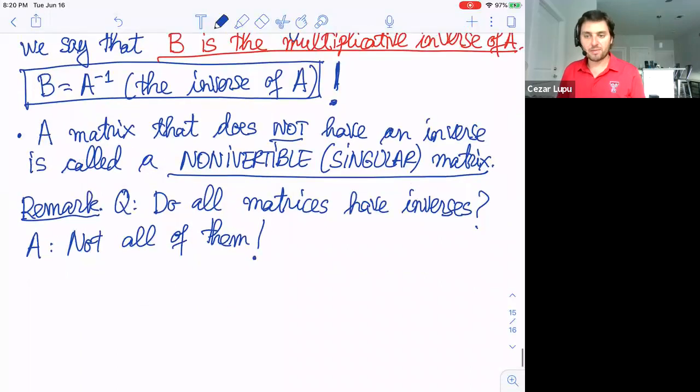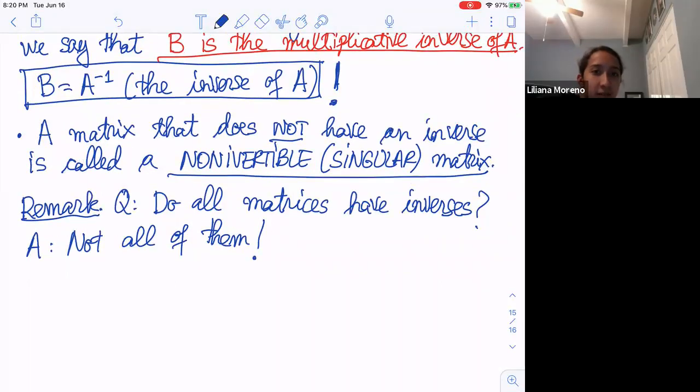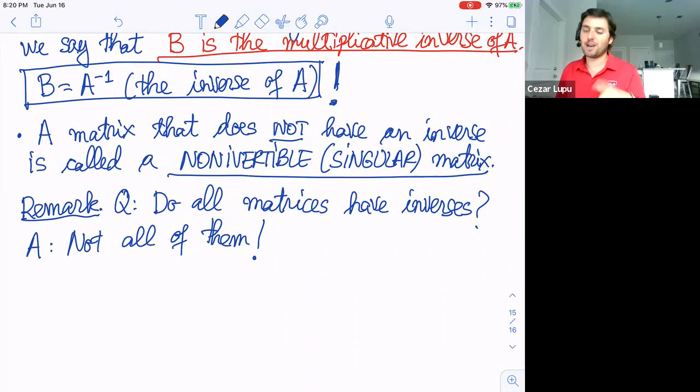Only if they have determinants. Well, we're not going to talk about determinants yet. But since you brought it up, whatever that determinant means, those matrices that have determinant 0 will be called singular or non-invertible. All others will be called invertible. But anyway, before I go into that, I want to point out the following remark.